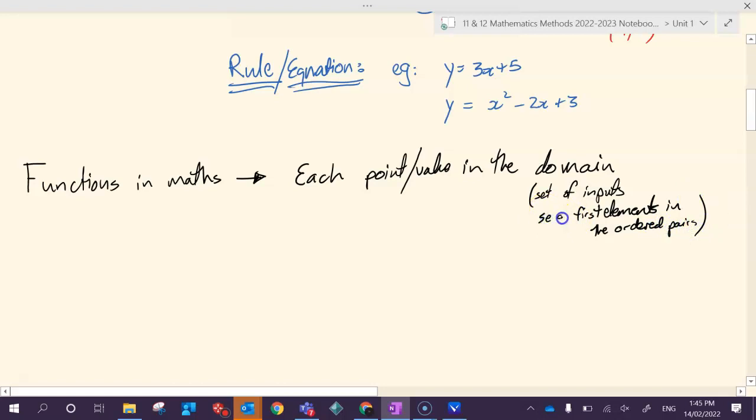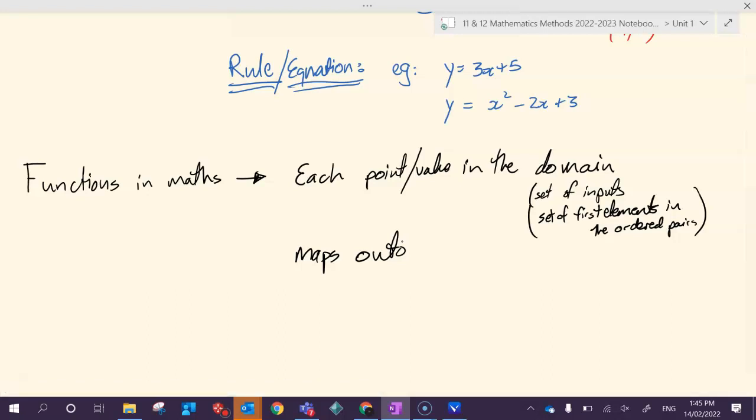So I can think about it as the set of inputs or the set of first elements in the ordered pairs. Each point in the domain maps onto, so is turned into by the function, or corresponds with, or is in an ordered pair with. All different ways of saying the same thing.